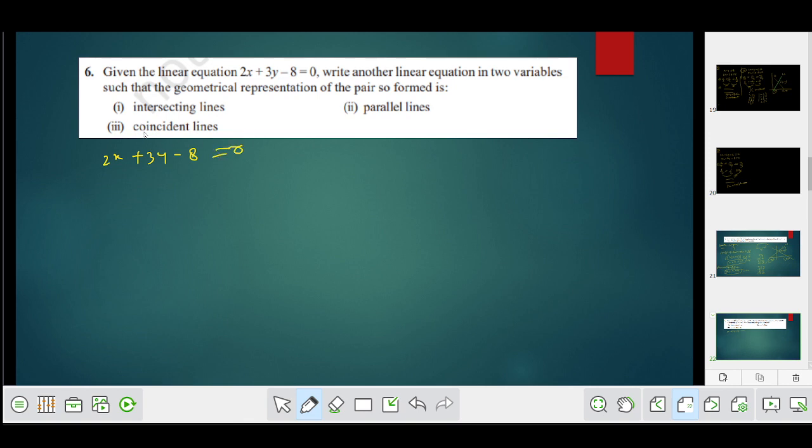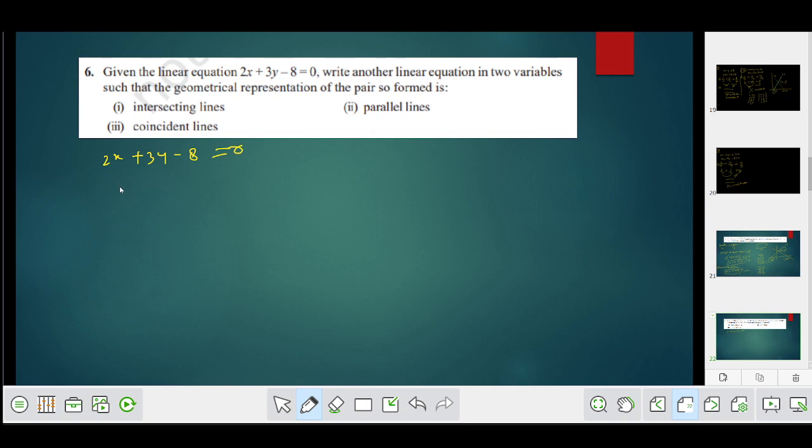These are the game. We want intersecting line. How? Maybe if these lines are next line prove that both lines are intersecting lines, then compare ratio.